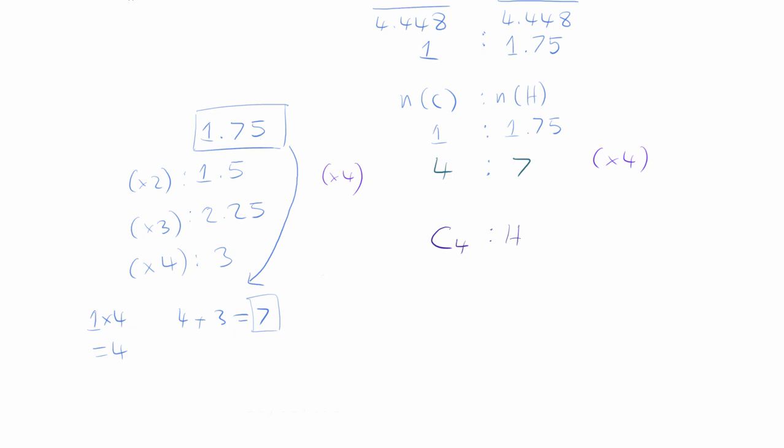That was my bad. That was meant to be a 7. So C4H7. As I said, I was basically thinking ahead. So C4H7, right? This would be in an acceptable format. This would be our empirical formula, right? Okay.